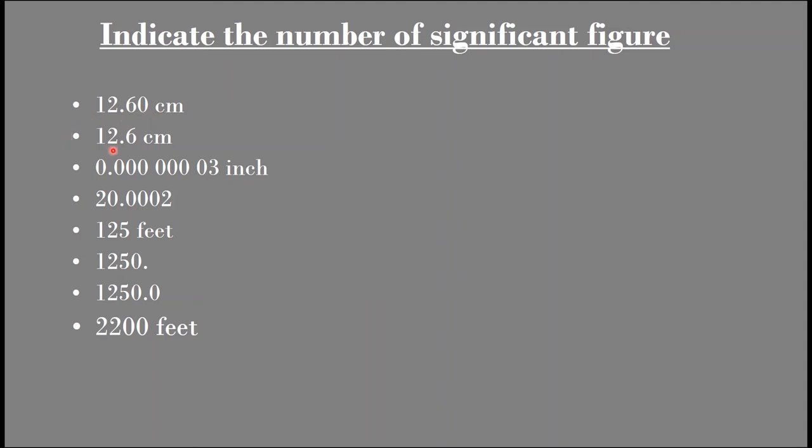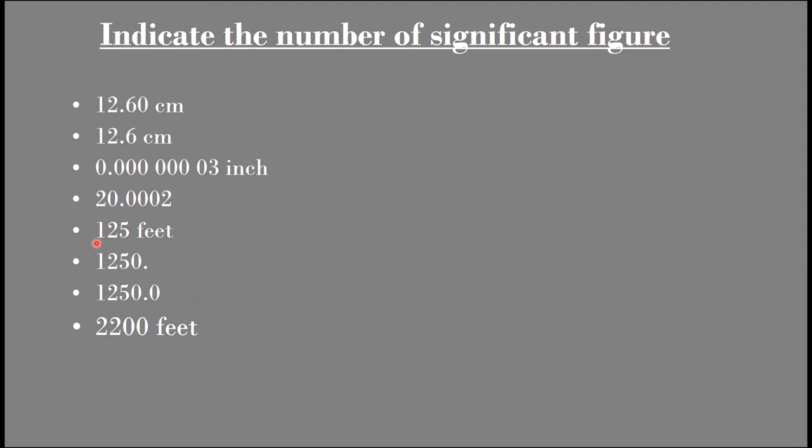The next one has all non-zero numbers, so it will have three significant numbers. In the third example, we have many leading zeros, and leading zeros are never significant, so this measurement has only one significant number. In the next example, we have many captive or sandwich zeros, and those are always significant. So in this measurement, we have six significant numbers.